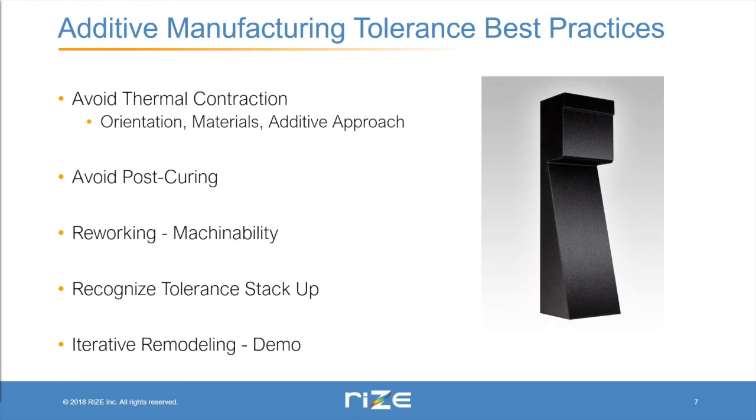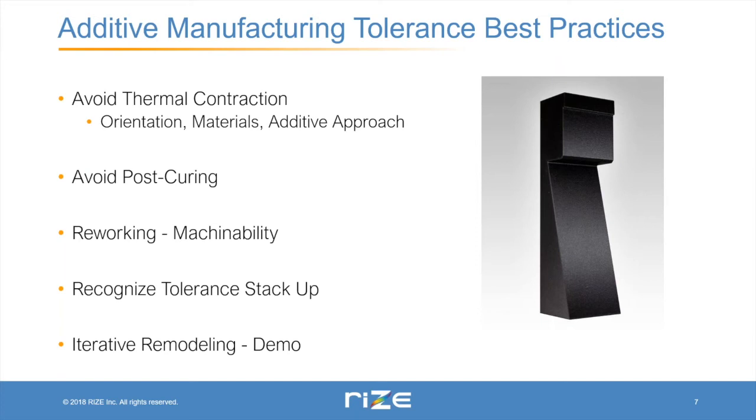And once you have identified the variation of each dimension from its target, then there are some pretty quick ways that you can then apply that in software to get the model closer, or get the produced part closer to the intended specifications of the model.